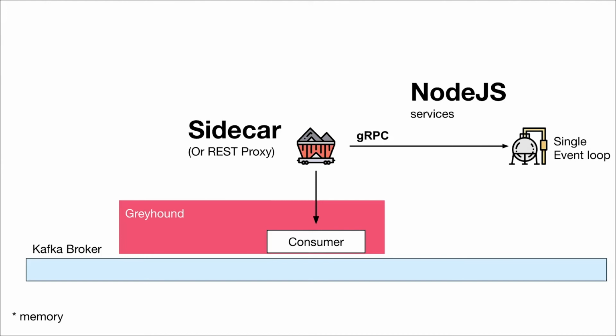There is the downside here of having a bigger memory footprint. We have double the amount of containers now for each Node.js pod, and also the JVM takes up more memory than Node.js. So we're trying to reduce it and considering moving from a sidecar container to a daemon set solution.